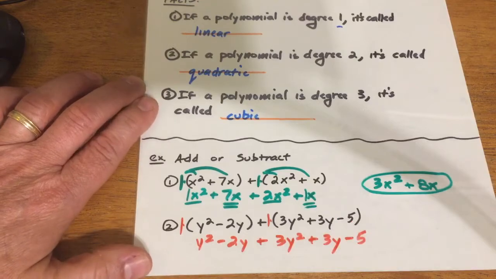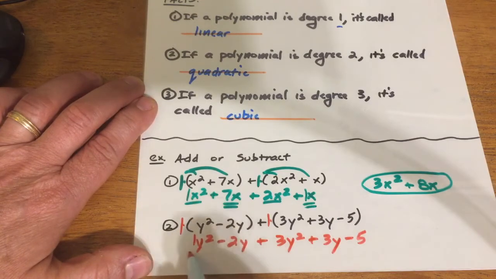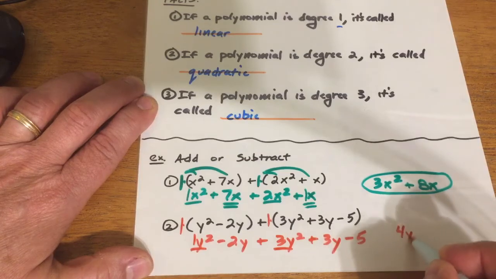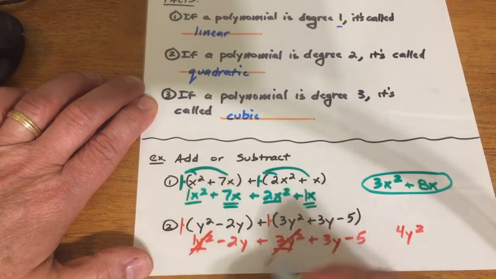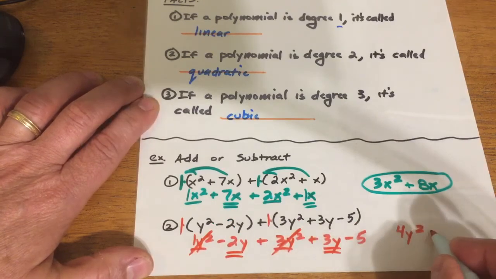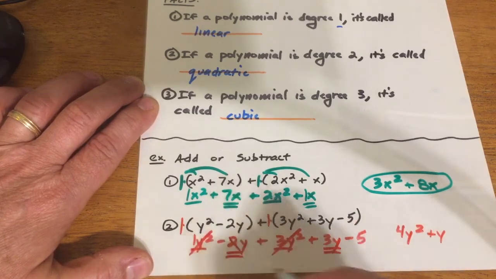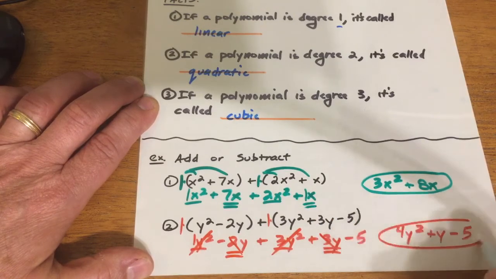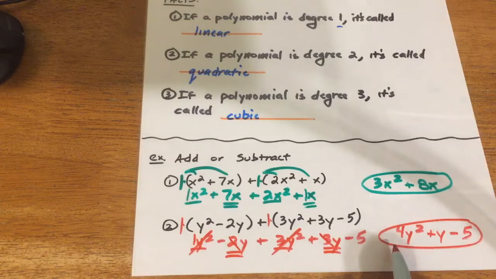Let's go ahead and combine any like terms. Here we can combine our y squared, so we're going to get a 4y squared. Combine our y to the first power, we're going to end up getting y. And then minus 5 at the end. By the way, what number is y? Any number, of course.